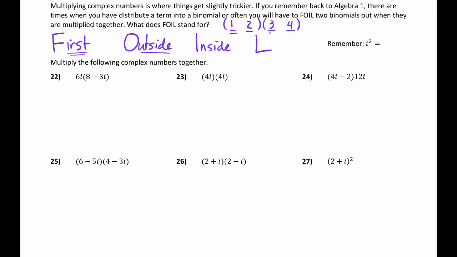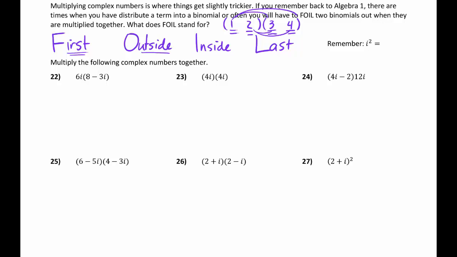So 2 multiplied to 3, they're both in the interior of this problem. And then L stands for last, and that would be 2 times 4. And so you can kind of see when I underline them, everybody's got 2 underlines because they're all interacting. Basically, you took 1 and distributed it twice, and you took 2 and you distributed that twice.